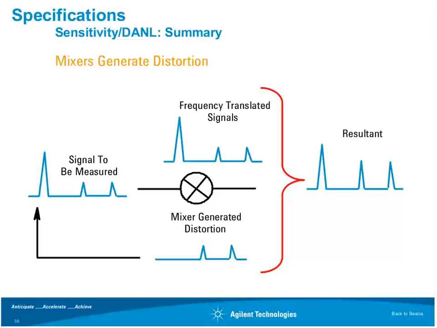Now let's look at the other side of the coin. Let's say I have a very large signal. Then I have to worry about distortion. Let's say here at the input I've got some kind of signal, and here we show some harmonic distortion. As you go through the signal chain in the analyzer, those signals would be translated down to an IF and eventually detected.